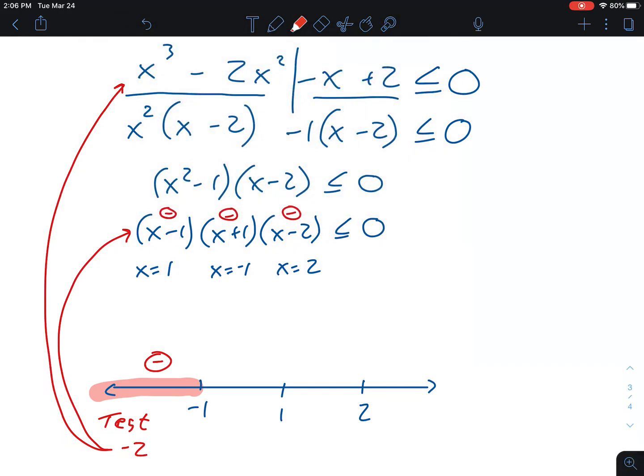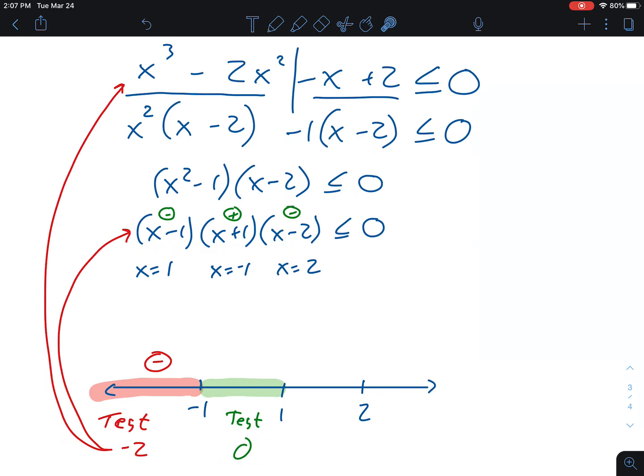Nice. Let's now look at a different interval. Let's look at between -1 and 1. Picking a test number, I'm going to test the number, for example, 0. Okay, if I plug in 0, 0 minus 1, that's negative. Plug in 0, 0 plus 1, that's positive. Plug in 0, 0 minus 2, that's negative.